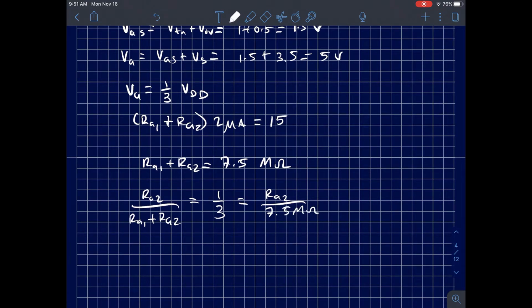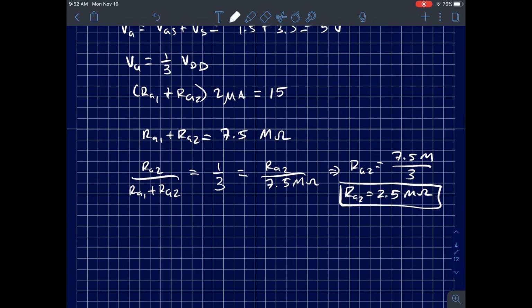That means that RG2 is 7.5 meg divided by 3, so RG2 is 2.5 megaohms. We can then solve for RG1. It's equal to 7.5 megaohms, the sum of RG1 plus RG2, minus RG2, which is 2.5, so this should be 5 megaohms.